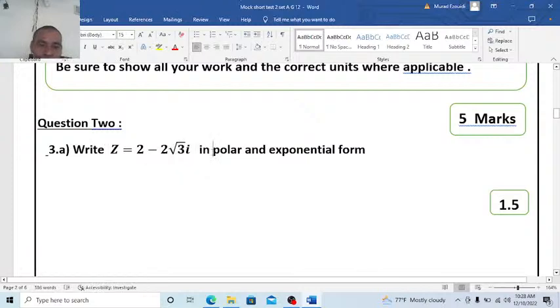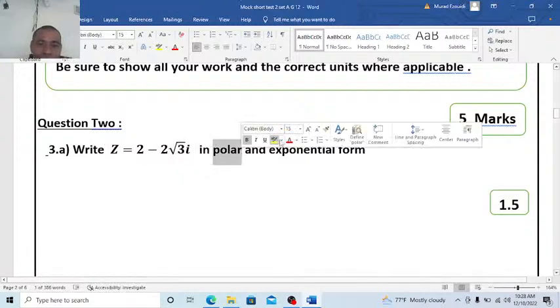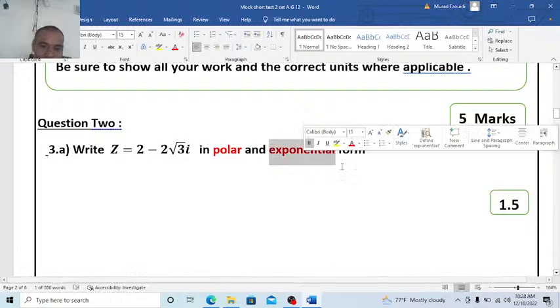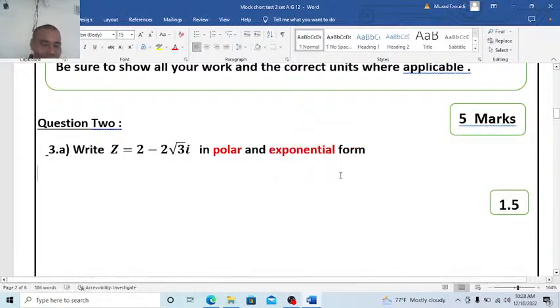Polar form means what, learners? It means you are going to write z as r open brackets cosine theta plus i sine theta, then close the bracket. This means polar form. But exponential form is what you write as r exponential i theta.